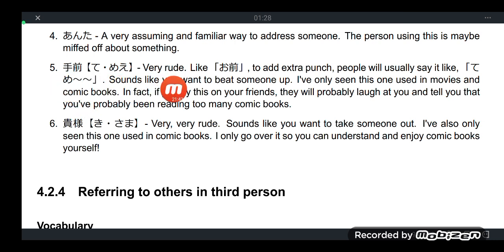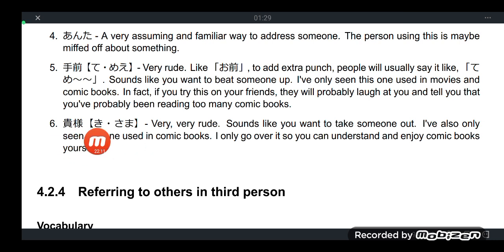Even more rude than omae. You can hear this in many video games and anime, like in Naruto, and you may hear this often from Vegeta in Dragon Ball.